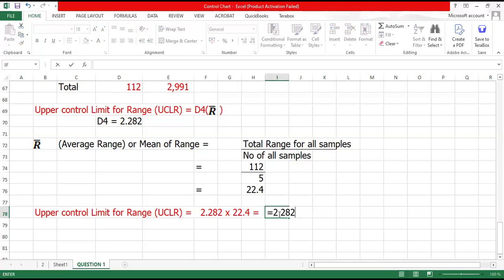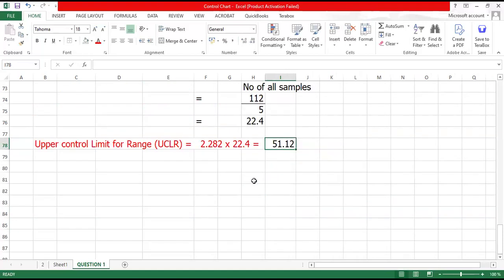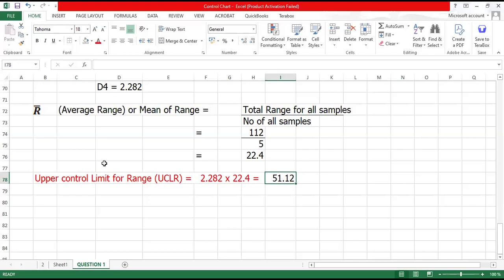Do you have 51.1? Yes, we have 51.1. Does the number of decimal places also matter here?